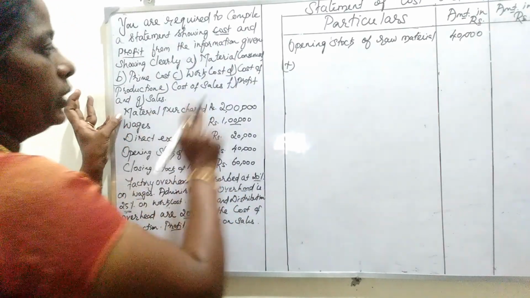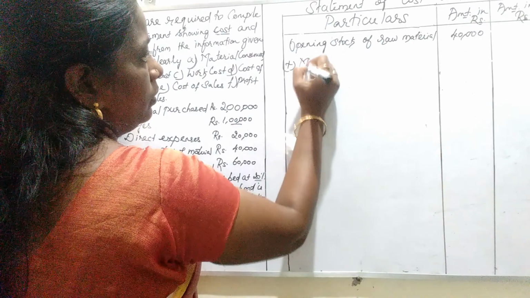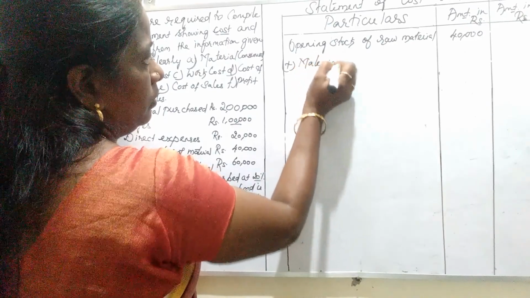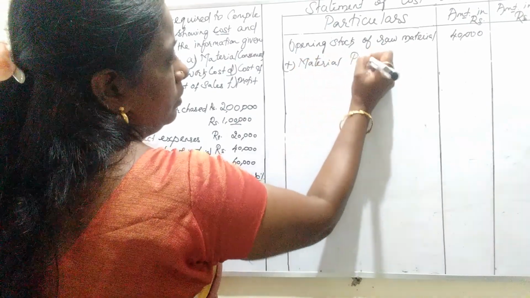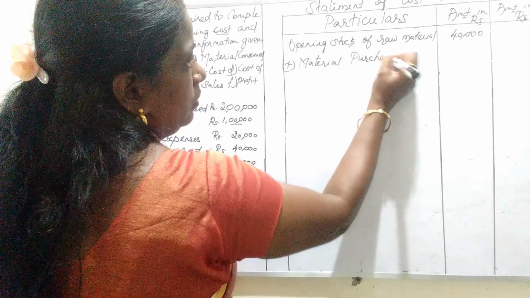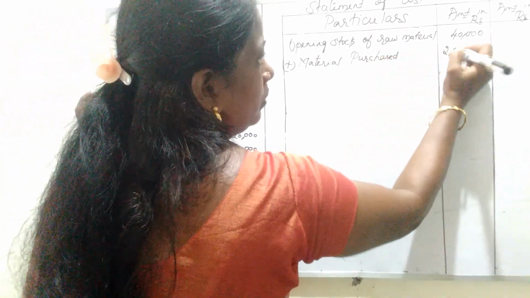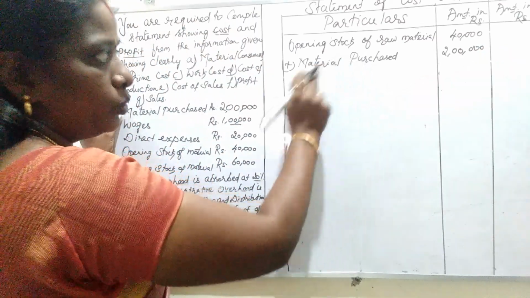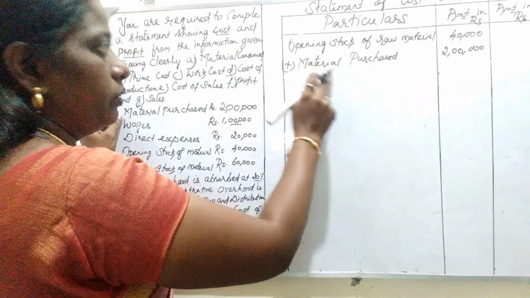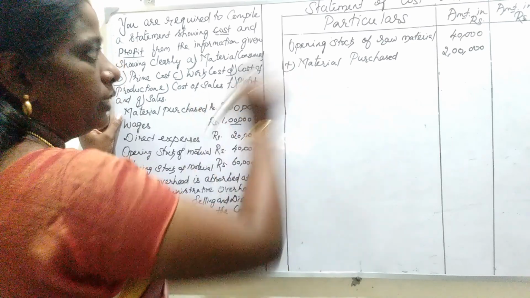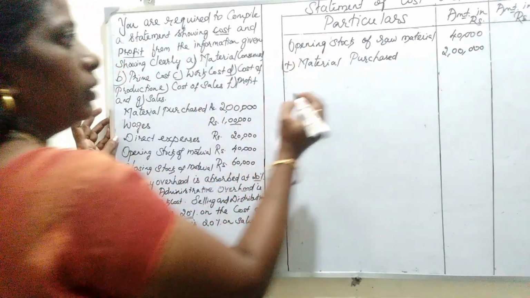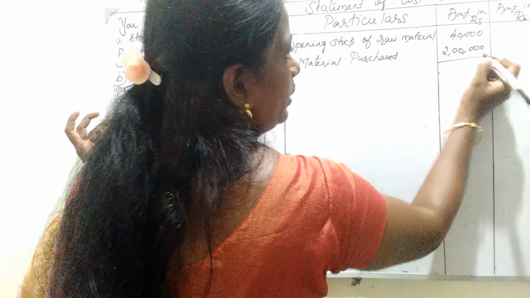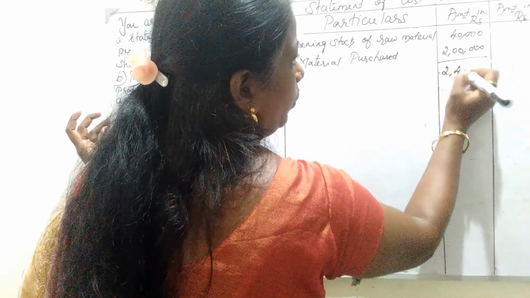So material purchased rupees 2 lakhs. If any expenses related with the purchases, that should also mention here. That is also add with the opening stock. So the total is 2,40,000.